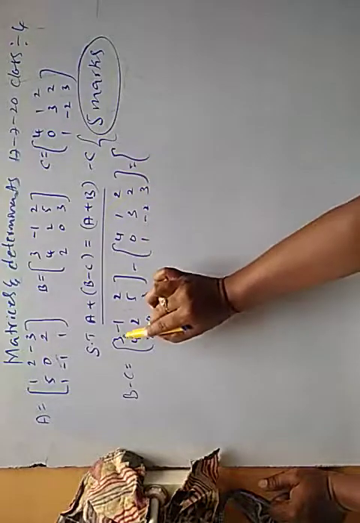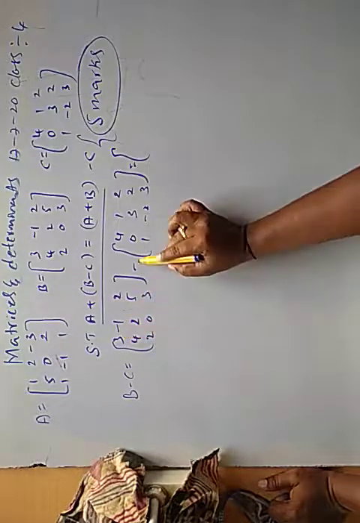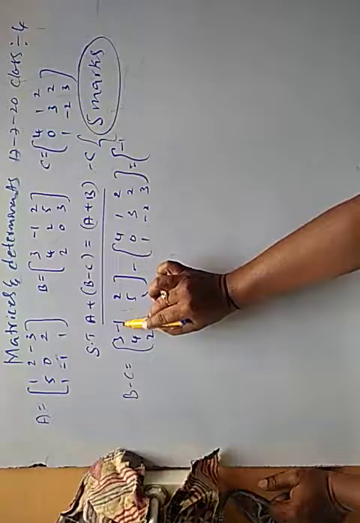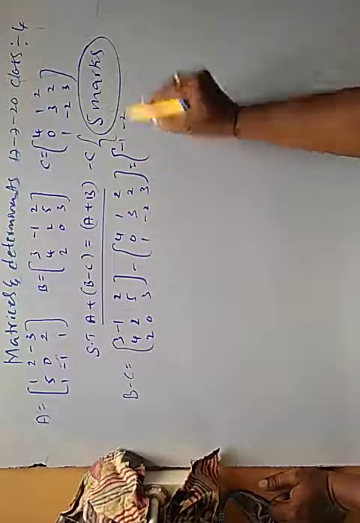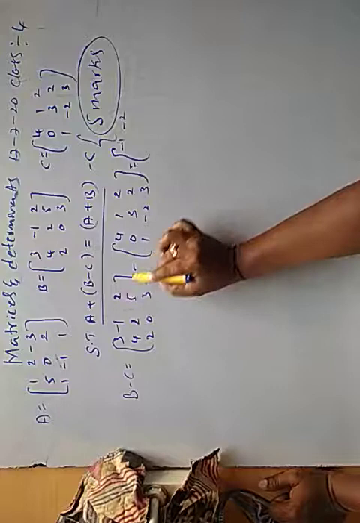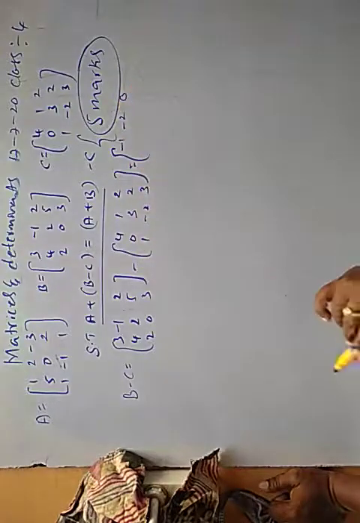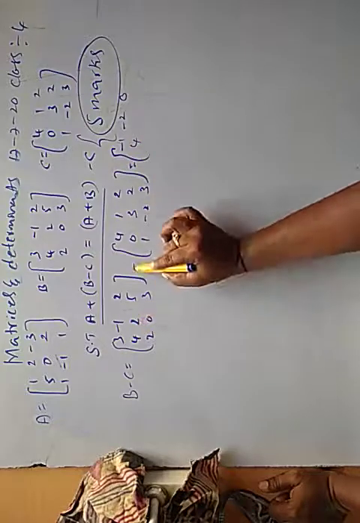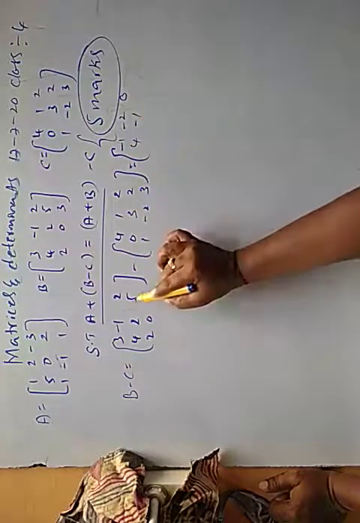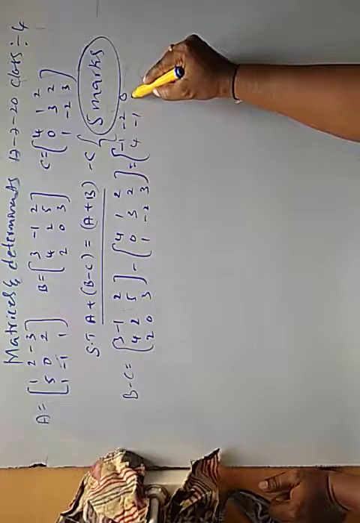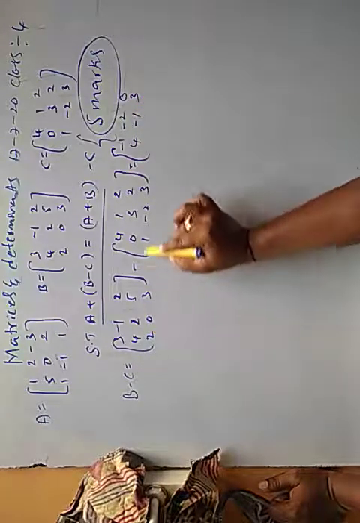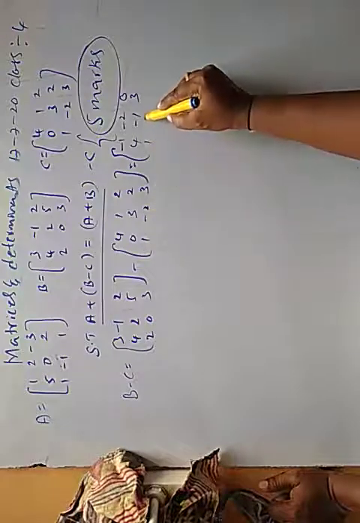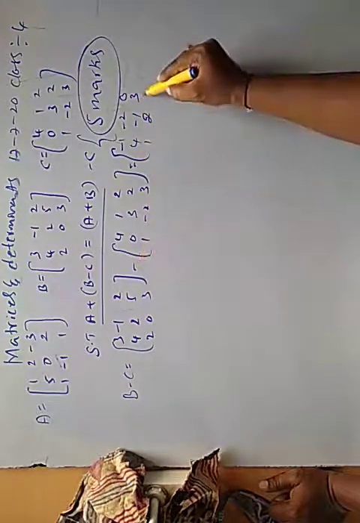Yes. 3 minus 4 is minus 1, minus 1 minus 1 is minus 2, 2 minus 2 is 0, 4 minus 0 is 4, 2 minus 3 is minus 1, 5 minus 2 is 3, 2 minus 1 is 1, 0 minus half, minus plus 2 is 3, minus 3, 0.